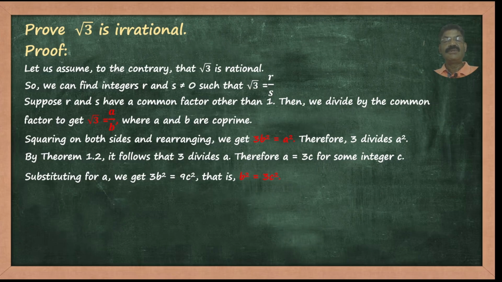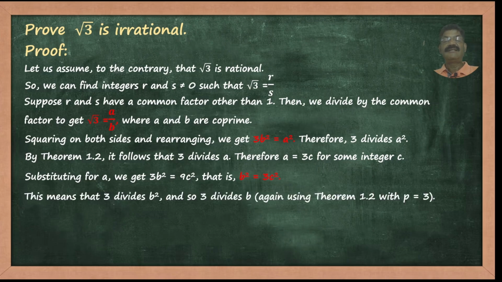Substituting this value in 3b square is equal to a square, we get 3b square is equal to 9c square, or b square is equal to 3c square. This indicates that 3 divides b square.